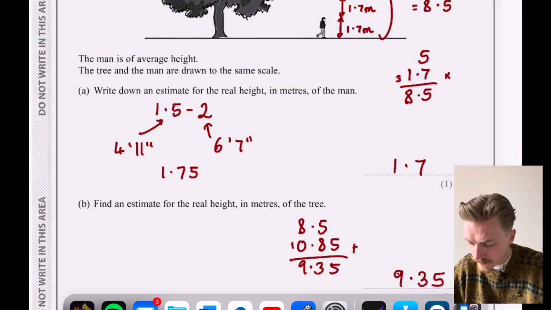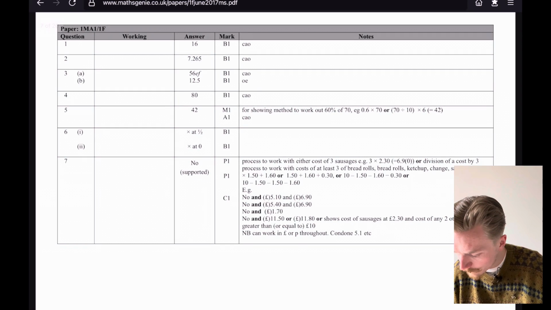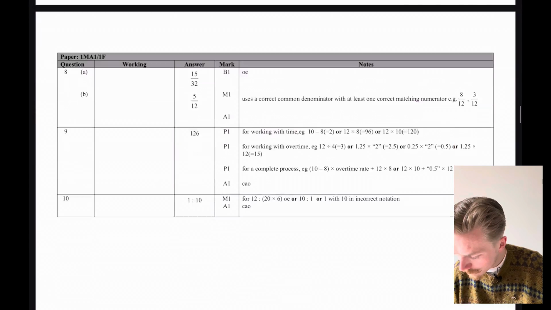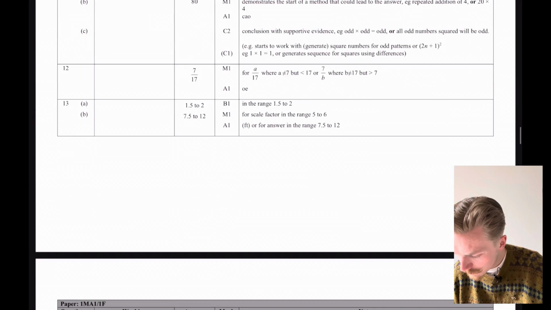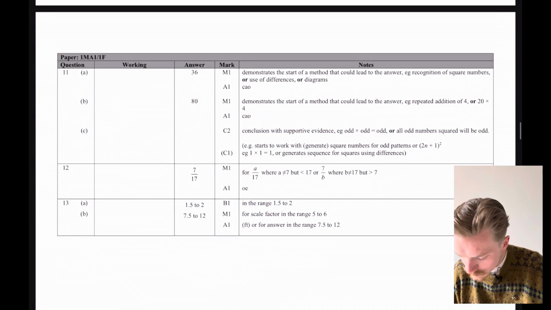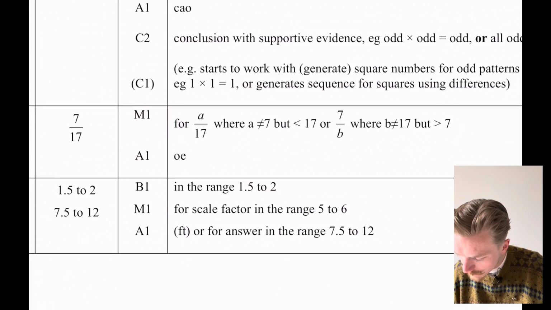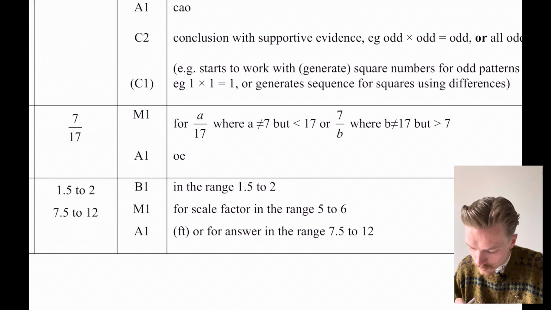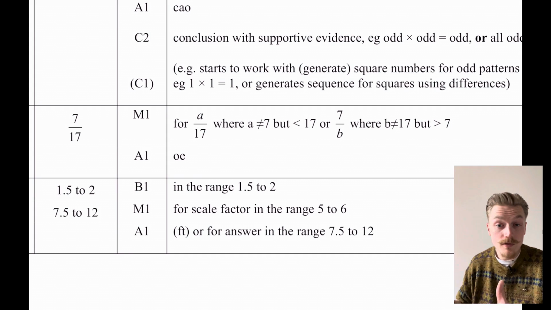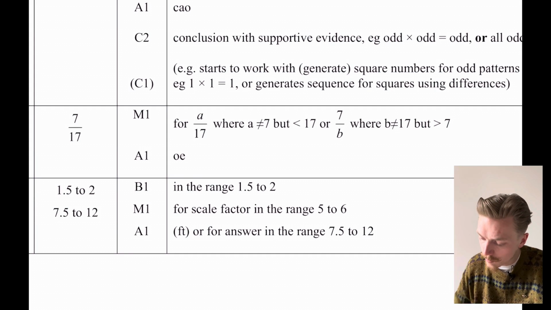So if I just flick to the mark scheme, where's this question? Here. So this question is question 13, just on the bottom of that there. So we can see that the original was in the range of 1.5 to 2, so anywhere in between those two heights, 1.5 meters to 2 meters, which gives you quite a large range really.